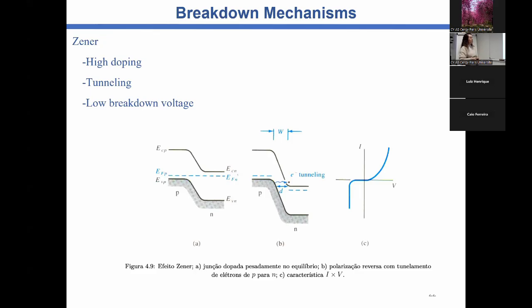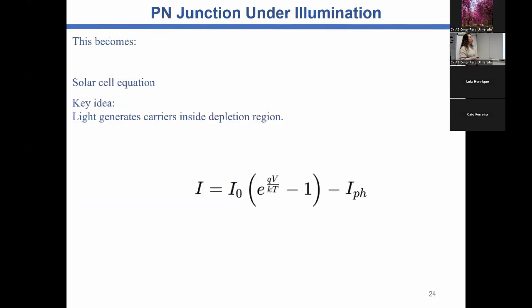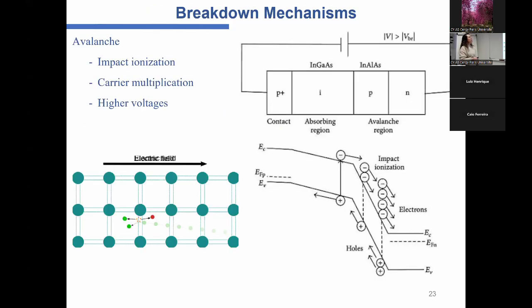If this breakdown is low, it could be considered Zener breakdown. Avalanche is also one breakdown that could occur in materials and also in electrochemical measurements, because we have redox processes going on.